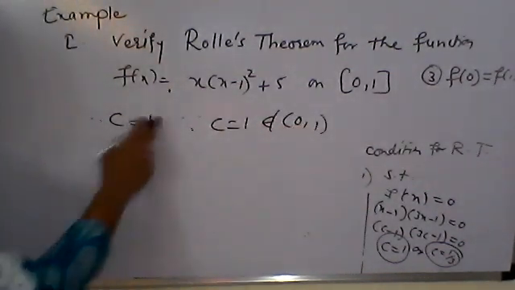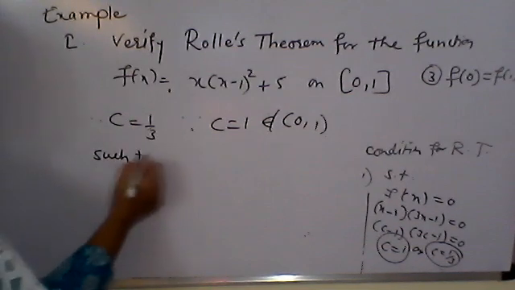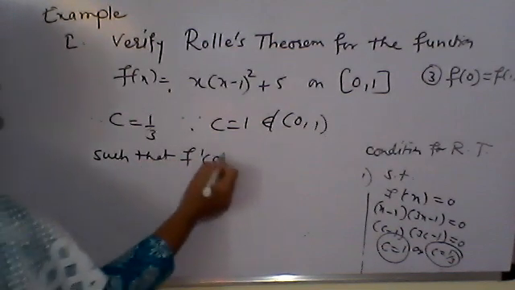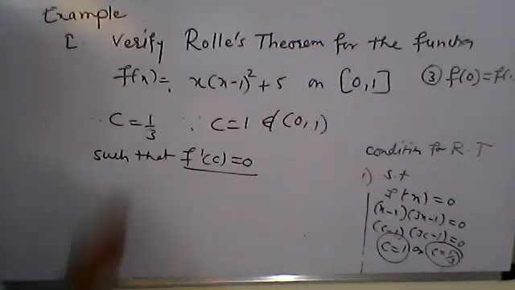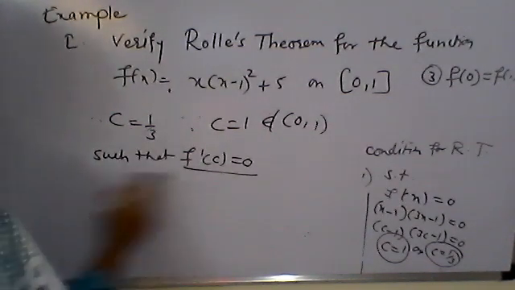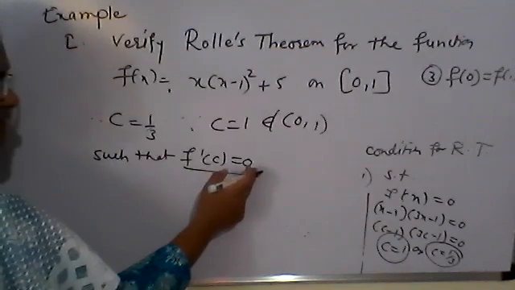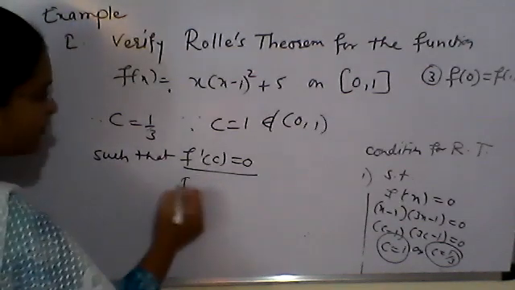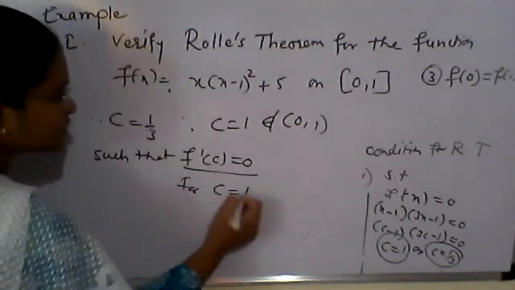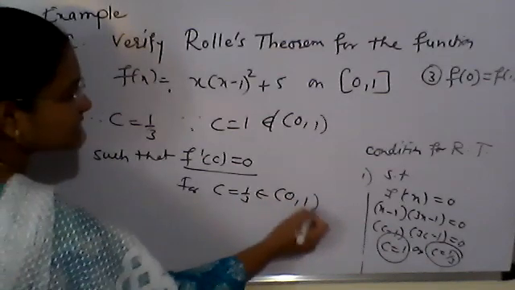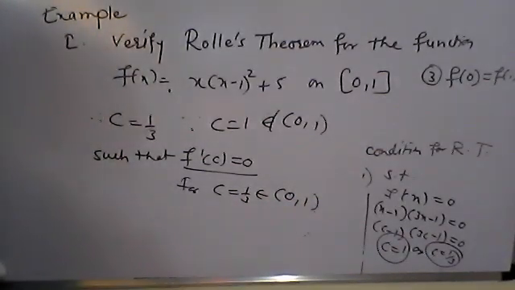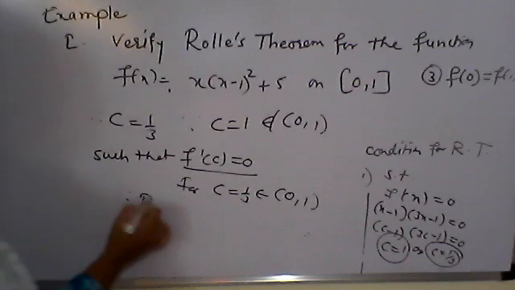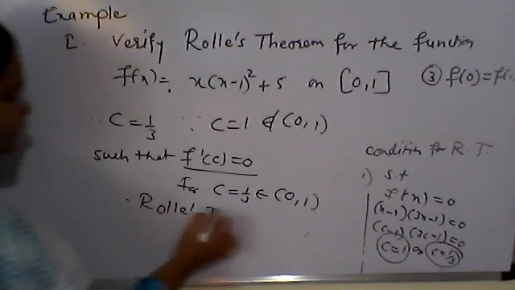So c equals to 1 by 3 such that f dash at c equal to 0. And for this 1 by 3, f dash of c equal to 0. You can also write c equals to 1 by 3 belongs to open bracket 0 to 1. Therefore, Rolle's theorem is verified.